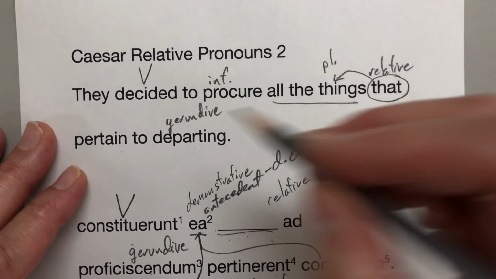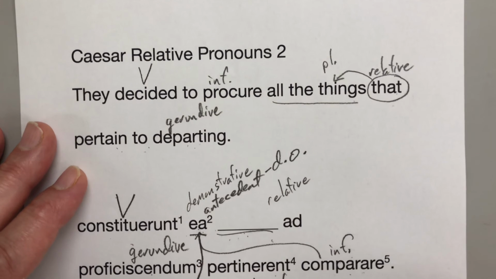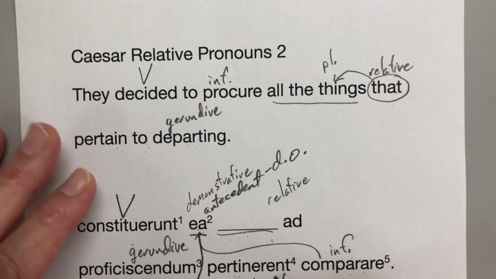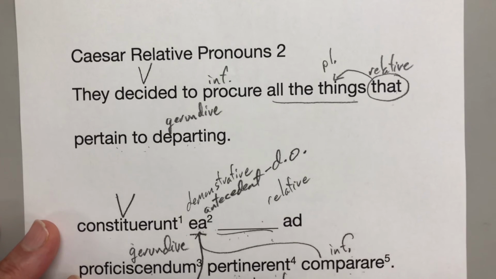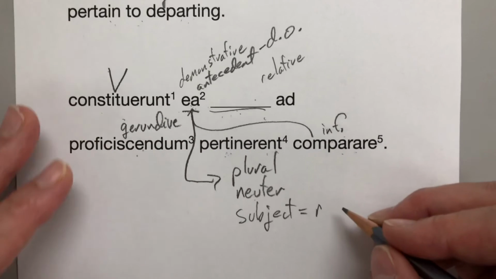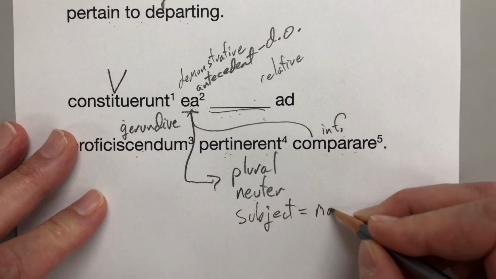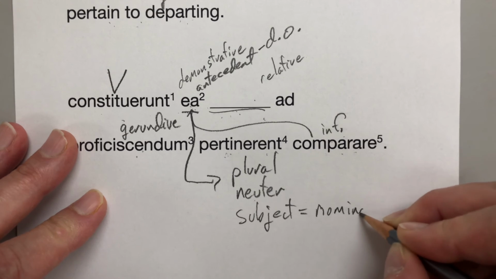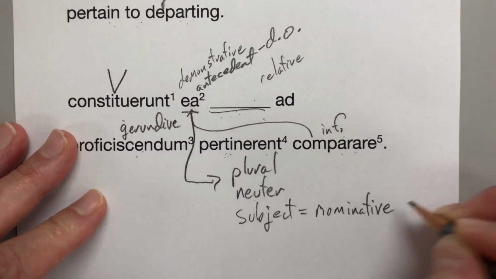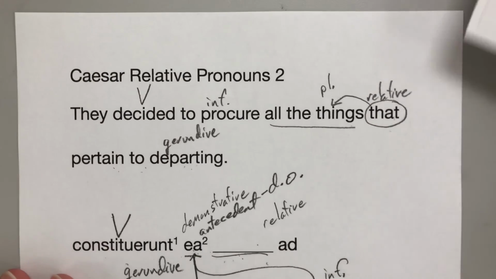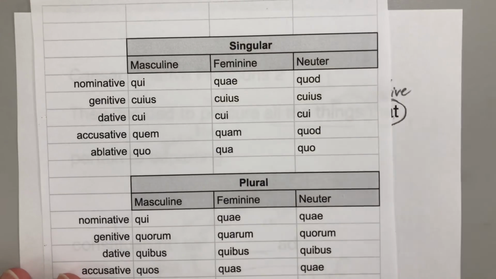All right, now we got to figure out what its function is in its own clause. That pertain to departing. So it's going to be the subject of pertinerant, right? It's going to be plural, it's going to be neuter, and if it's the subject, then it has to be nominative. All right, so now I'm just going to get my little handy-dandy chart here.